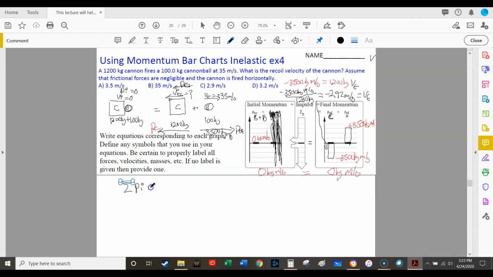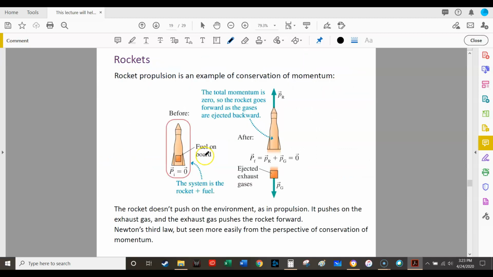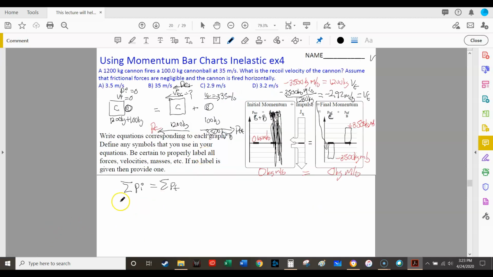P initial, P final. Okay? The initial momentum of the cannon plus the ball is equal to the final momentum of the cannon plus the final momentum of the ball. And what we found out is that this guy is 0.